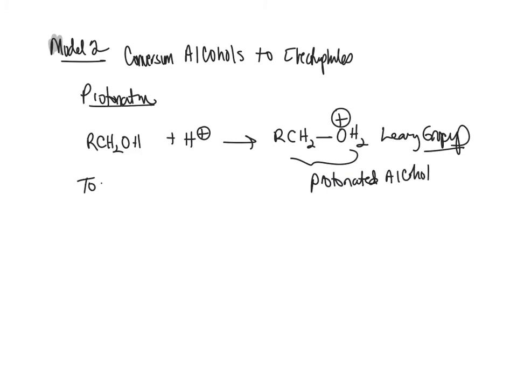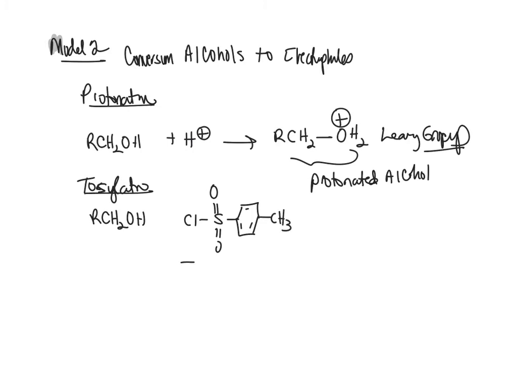Another way we can do this, which is a nicer, more gentle approach, which is nice when you're making molecules because you have a lot of functional groups. And you might have been working on your molecule for months and years, so you don't necessarily want to throw it in acid. You avoid acid conditions if you can. But this is toluene sulfonyl chloride.